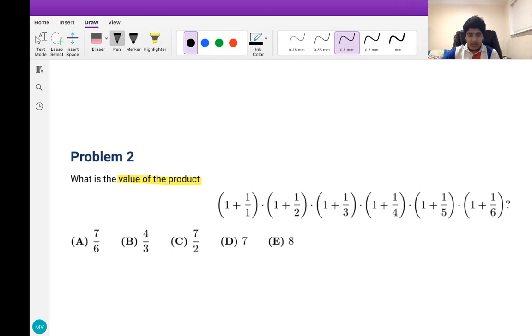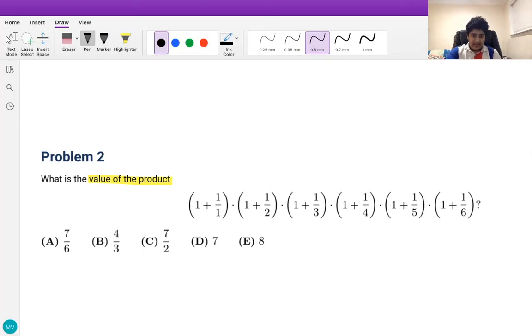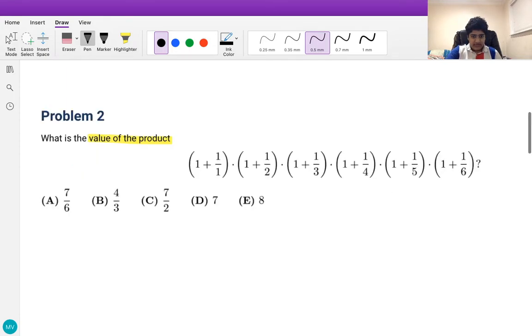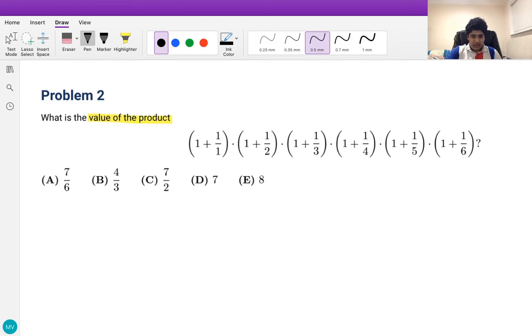So for this one, what we can do is first rewrite all of these sums as fractions. So we know that 1 plus 1 over 1 is 2 divided by 1, and then we multiply that by 1 plus 1 over 2, which is just 3 over 2.